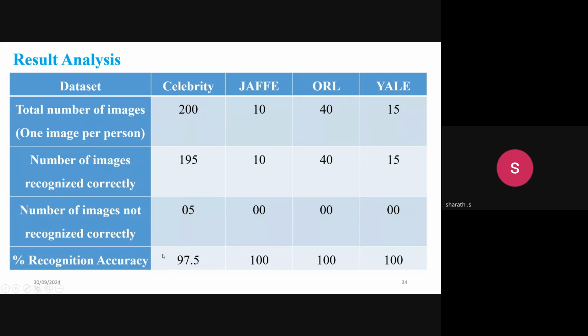So the recognition accuracy was around 97.5. For Jaffe overall, the number of images were less, so the accuracy was found to be around 100%. When the number of images increases, the accuracy usually tends to decrease.